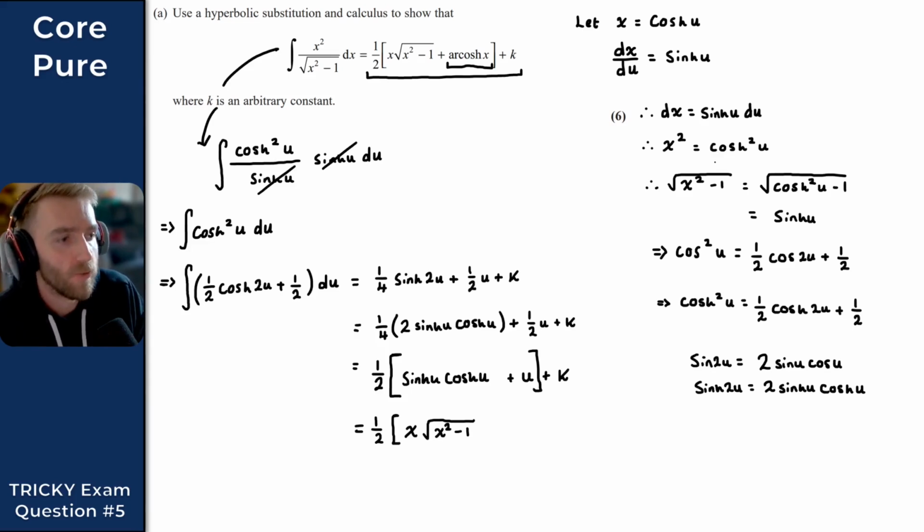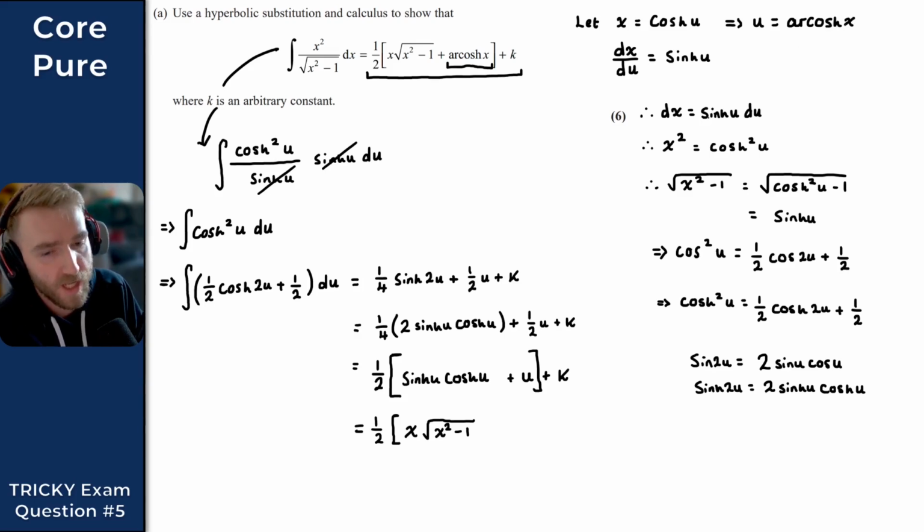Now, x equals cos u. How do we obtain u here? Well, as I mentioned at the very beginning of this video, when we were choosing our substitution, I do need to take the inverse, or arccos, of both sides, right? So in that case, u here is arccos x. Okay, just taking arccos of both sides here.